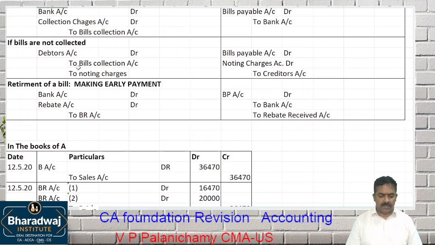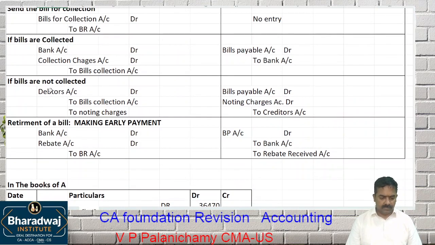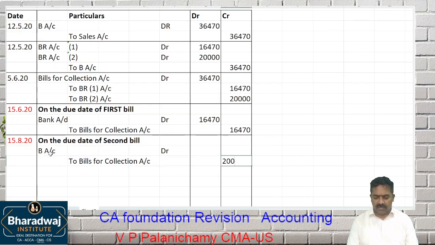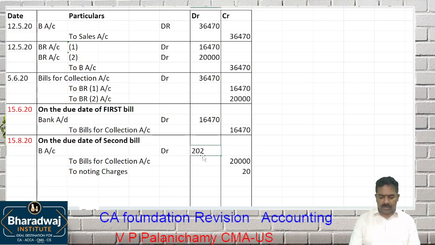What entry will we pass? B account debit to bills for collection account, to noting charges. What is the second bill value? 20,000, to noting charges. What are the noting charges? 20. So 20,020.